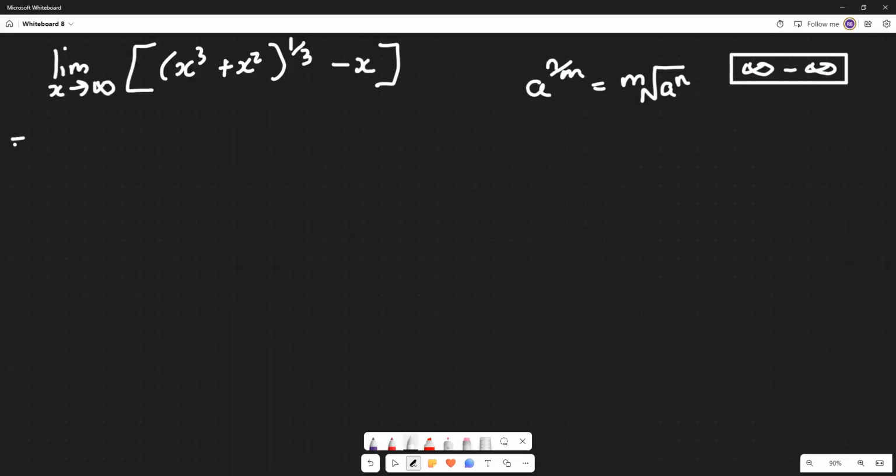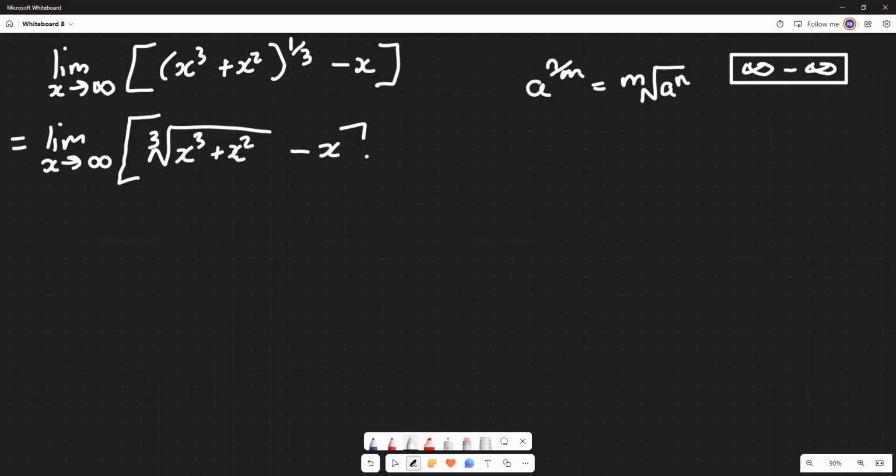With that, we can write this as the cube root, because the denominator is 3, which is your root. So you have the cube root of that plus that. This will be to the power 1, so I'm not going to put a bracket, because to the power 1 is just not shown. But if it was to the power 2, or any number, I'd still put it in a bracket. Then I have minus x.